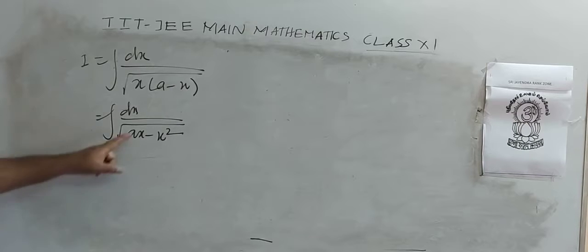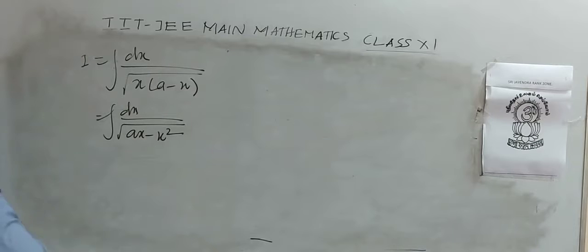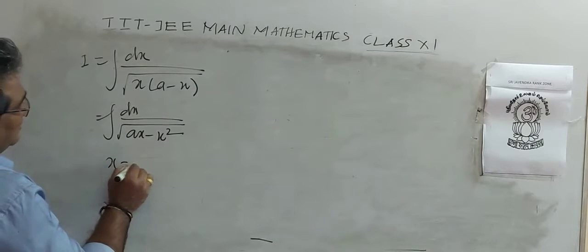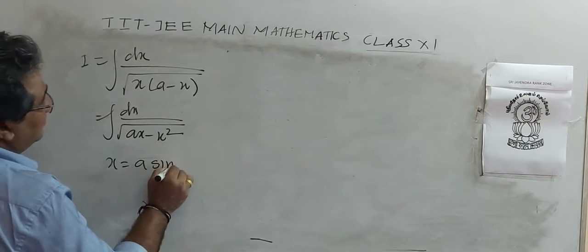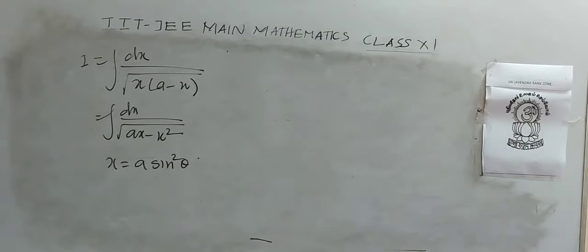If we have a squared, we can take x equal to sin theta or cos theta. Here we have some term a, so you take x equal to a sin squared theta.